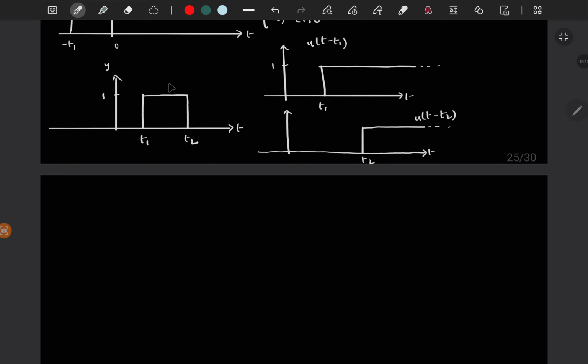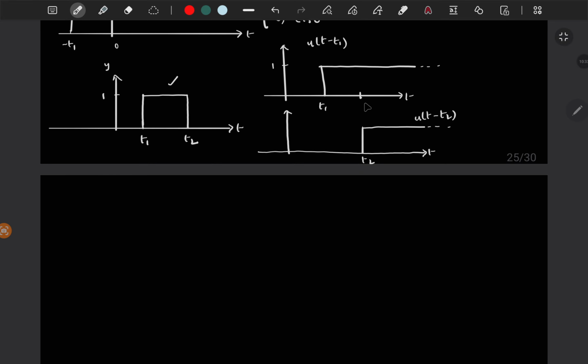If you want to get this rectangular function, then from this graph what you have to do, if you have given these two graphs, then you simply have to subtract, right? So here it is 0. So if you do subtraction, then from t1 to t2 you will get 1.